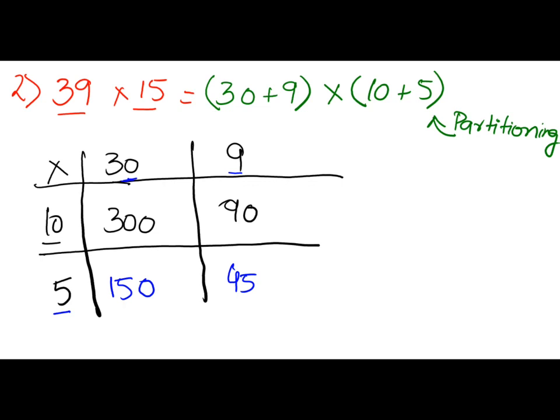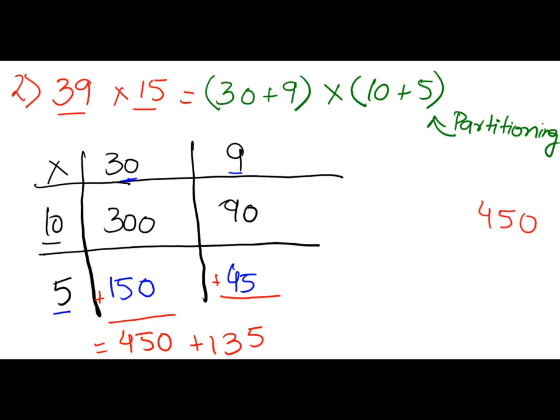What you have to do is add them here. So it will become 450. This 450 plus these two values will sum up and give us 135.